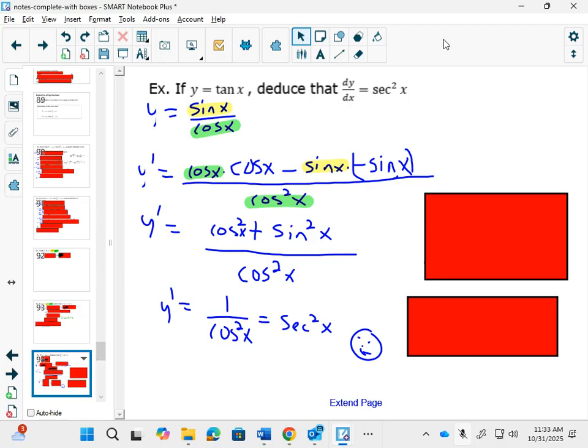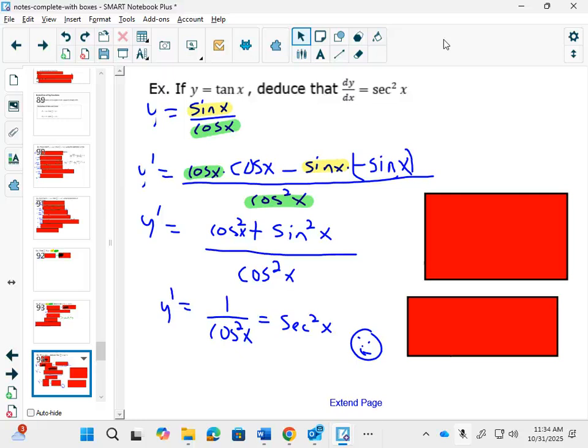So every single function that we know, there's a shortcut for. So far we've done e to the x, ln x, sine x, cos x, tan x. Which ones haven't we done? Well, we're going to have to do secant x, cosecant x, cotangent x. There are going to be shortcuts for those.